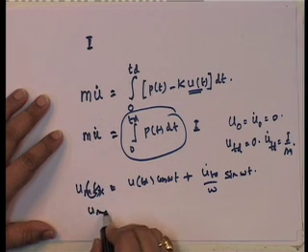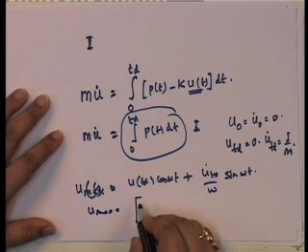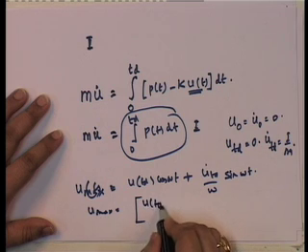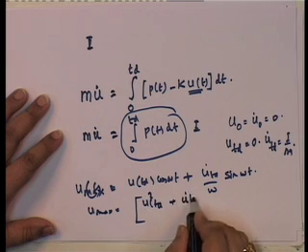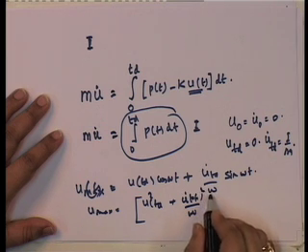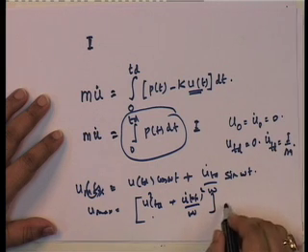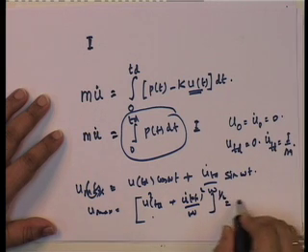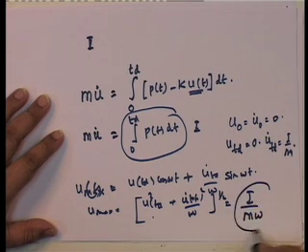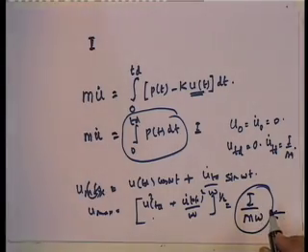So, u max is going to be equal to the square root of u(T_d) squared plus (u dot upon omega) squared. Here u(T_d) is 0, so what do I get? The u max is I upon m omega.